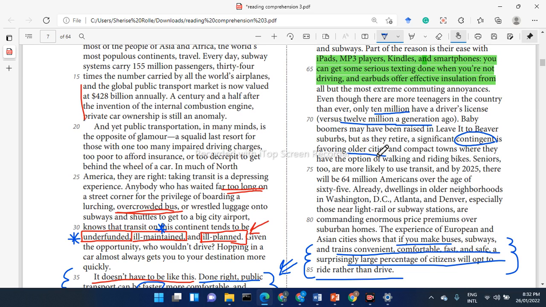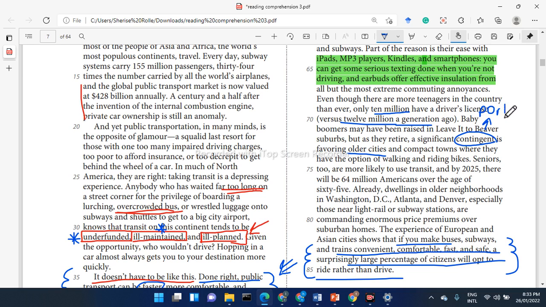They prefer the older cities, whereas the millennials prefer the new cities. So contingent in this context means a number of people, a significant group or a significant portion of them.